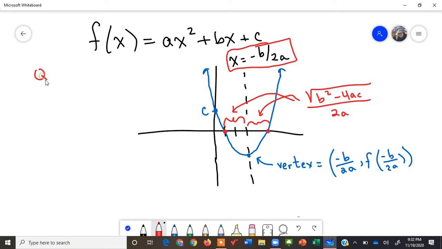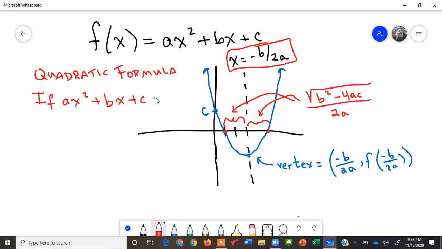So both these pieces combine to form the quadratic formula, where we say that if you're given a function in standard form and you want to find the x-intercepts, that would be the same thing as solving the quadratic equation ax squared plus bx plus c equals 0.